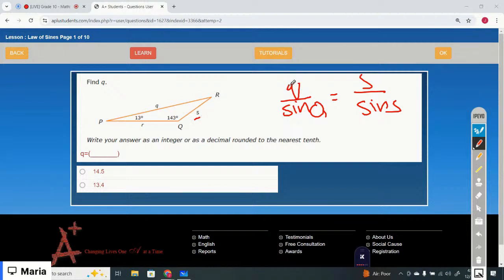Let's just put in the values. That is q divided by sine 143 equals s, which is 5, divided by sine 13 degrees, right? So just evaluate it for q, that is 5 times sine 143 divided by sine 13.